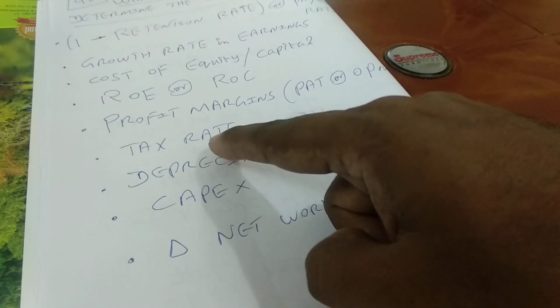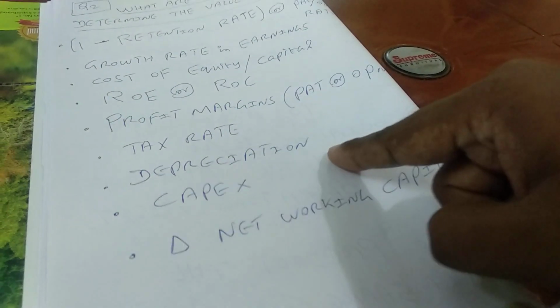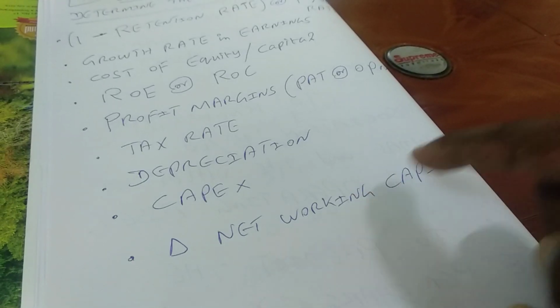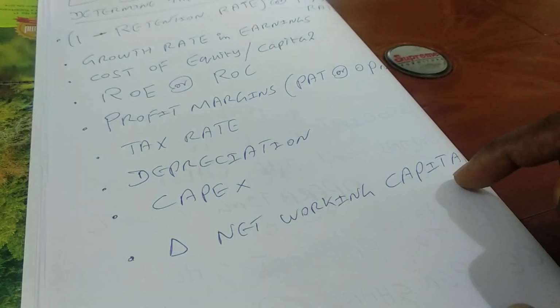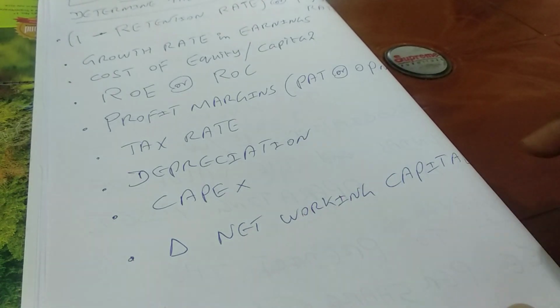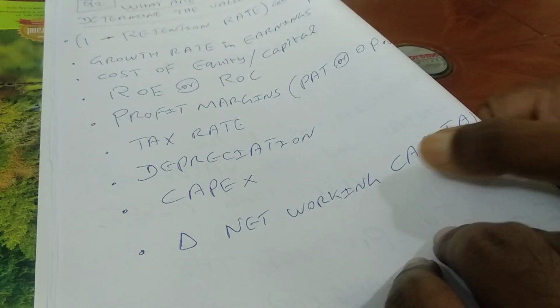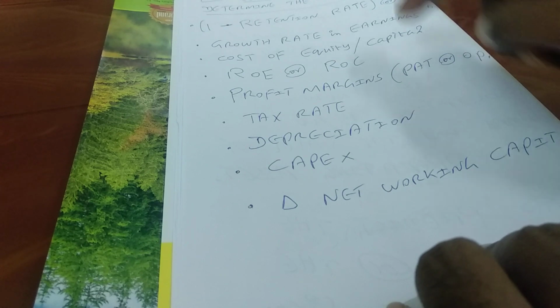The next one is tax rate, and the next one is depreciation. The next one is capex, that is additional investment in capital expenditure, and delta net working capital. Delta means change. So delta net working capital means change in net working capital of the firm. So these are the fundamentals that determine the value of the firm.